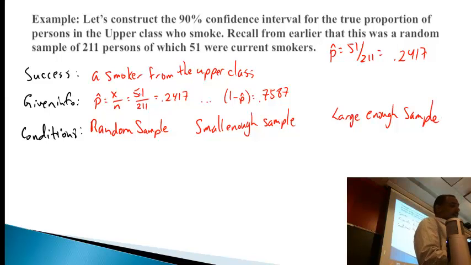Okay, so there's those. Do we have information that's from a random sample? Yes, we do. Is our sample small enough relative to the entire population of folks from the upper class?